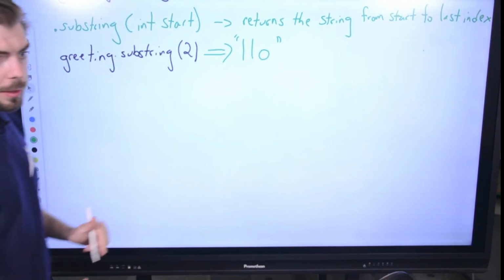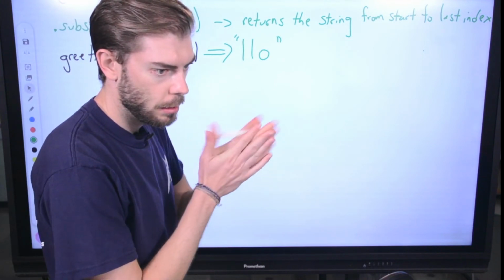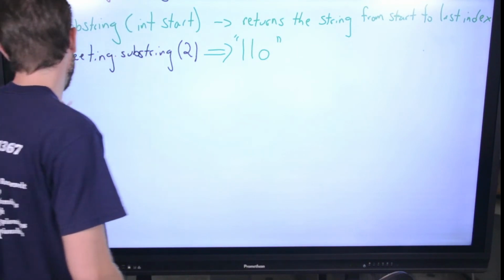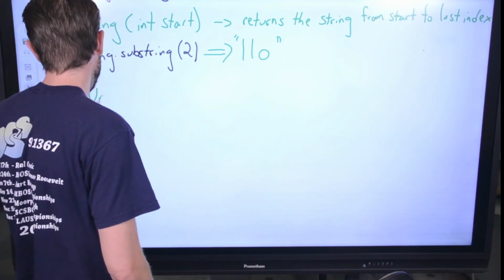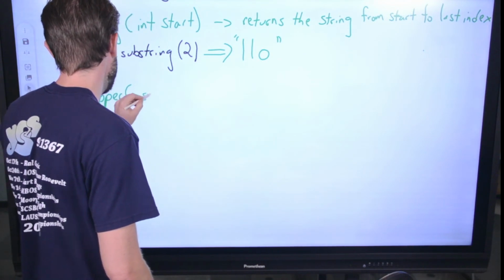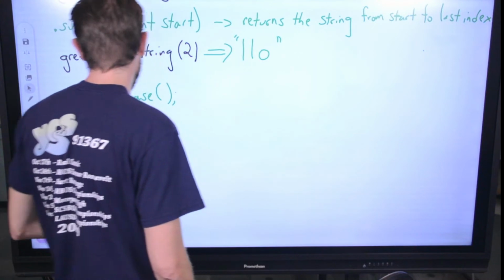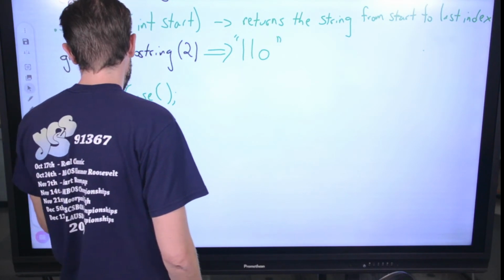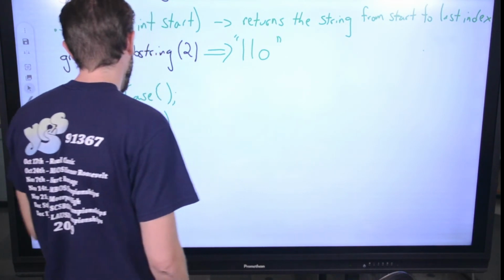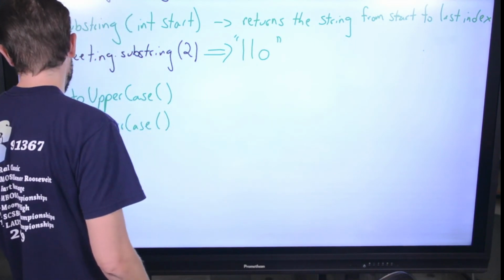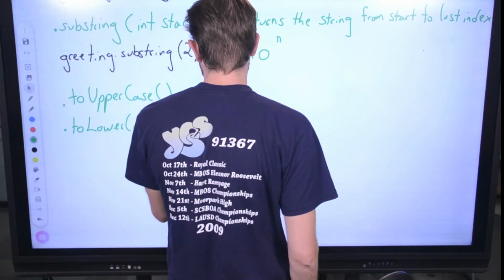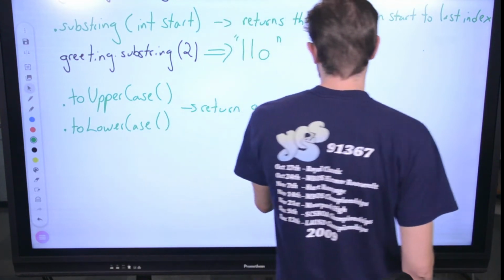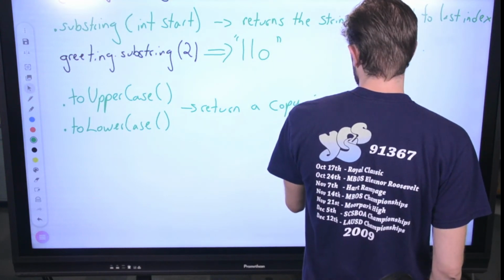All right, so the next one that we're going to do is a couple of interesting ones. I'm going to group these together. So there is the toUpperCase, and this doesn't take any parameters, and also the toLowerCase. So both of these return a copy in the changed case.